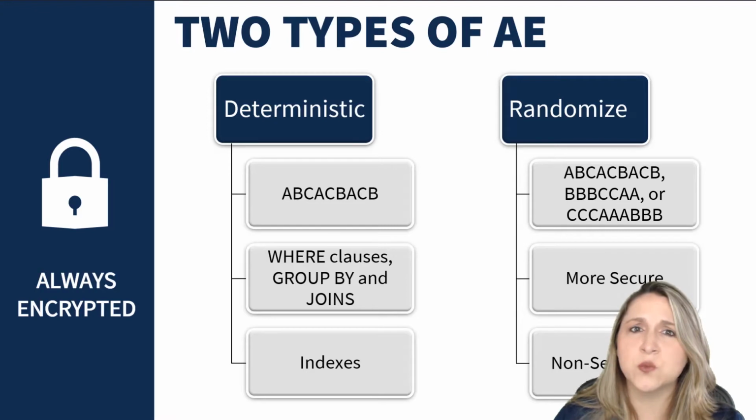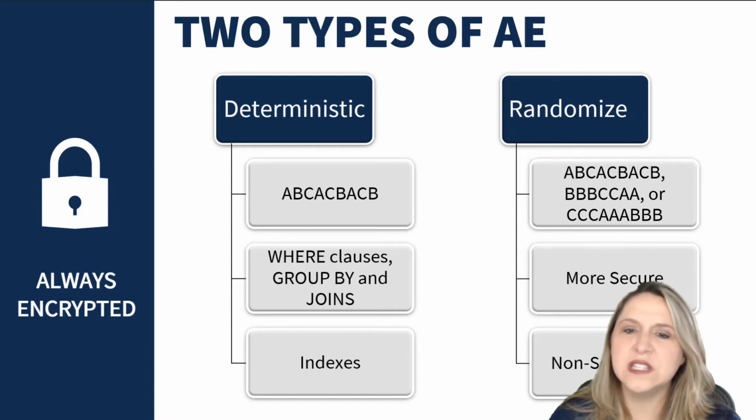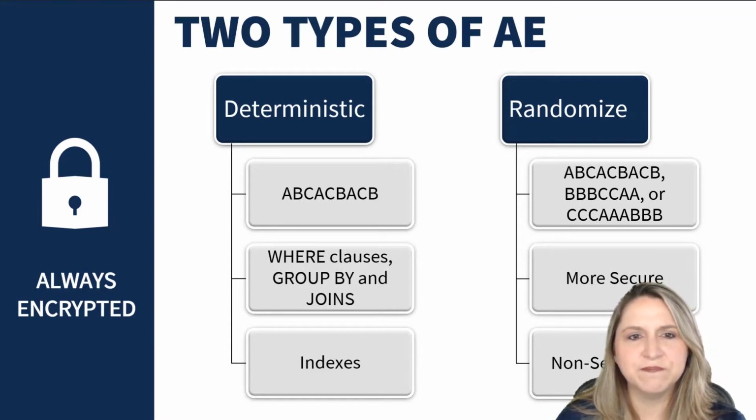Now, the next part is randomized. This is where it's more secure, but guess what? It's not searchable, right? So when you're doing your where clauses, you can't search it because there's no pattern matching. So it's important to keep that in mind. It's very secure.